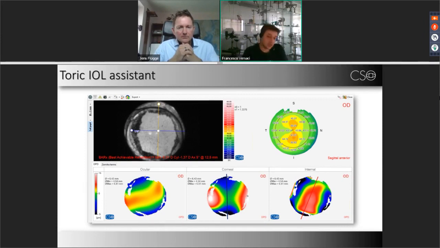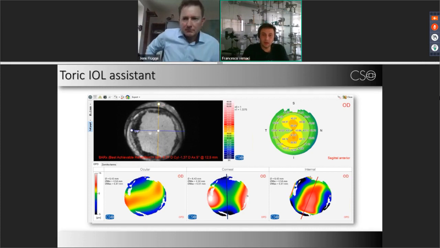So to understand if the issue is an issue of toric power calculation, or an issue of axis of the toric lens, it also gives you the chance of calculating the amount of rotation that ideally you have to provide to the customer if you want to realign it with the corneal axis.